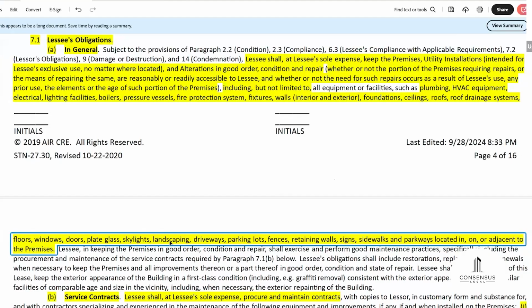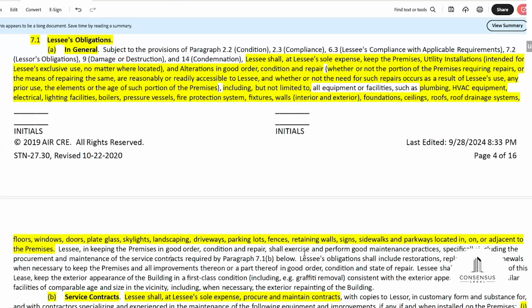And then you'll see here, it also describes exterior areas: landscaping, driveways, parking lots, fences, retaining walls, sidewalks, parkways, etc. So if the definition of the premises, and it oftentimes does in these single tenant leases, includes exterior areas, this clarifies that lessee is responsible for those areas as well.